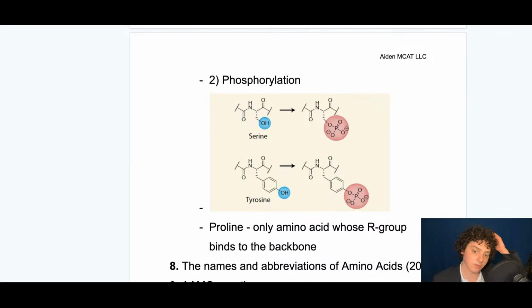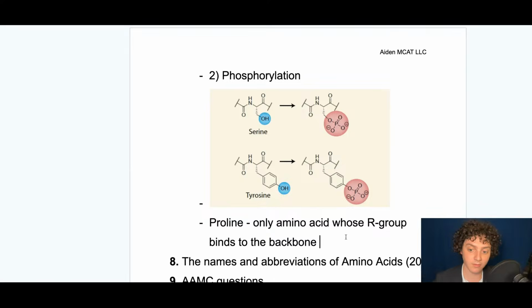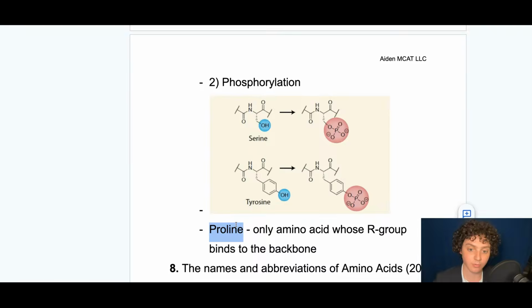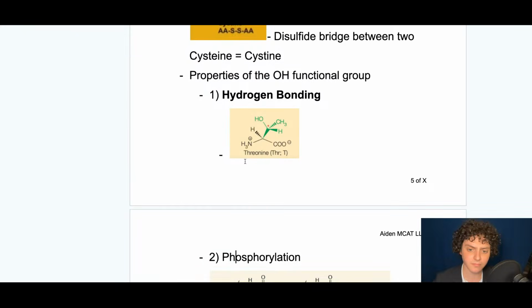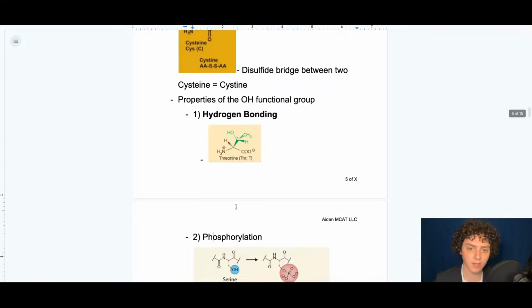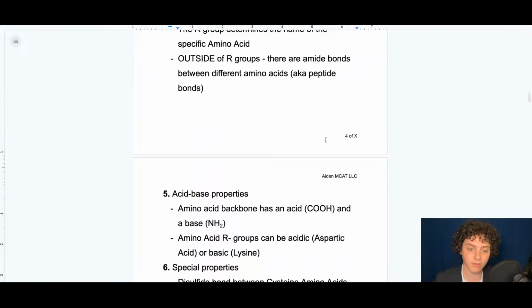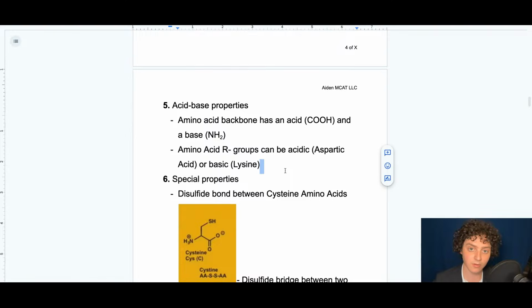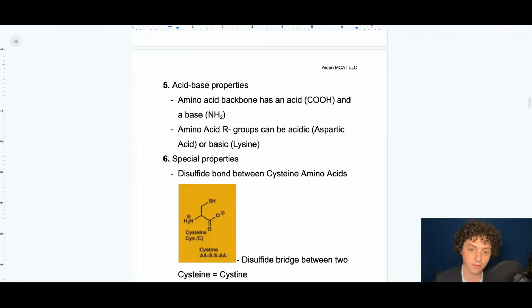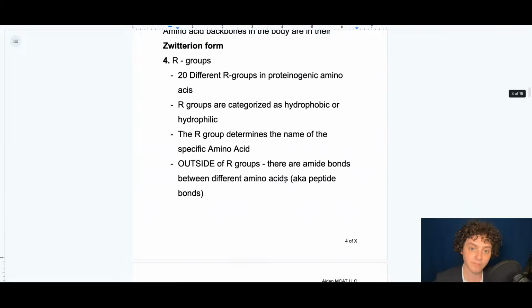Proline is going to serve a distinctive structural function in proteins because of the way that its R group twists around and binds back to the backbone. That is important to mention, and more important when it comes to talking about the structure of proteins, but also relevant in the discussion of amino acids, in my opinion.